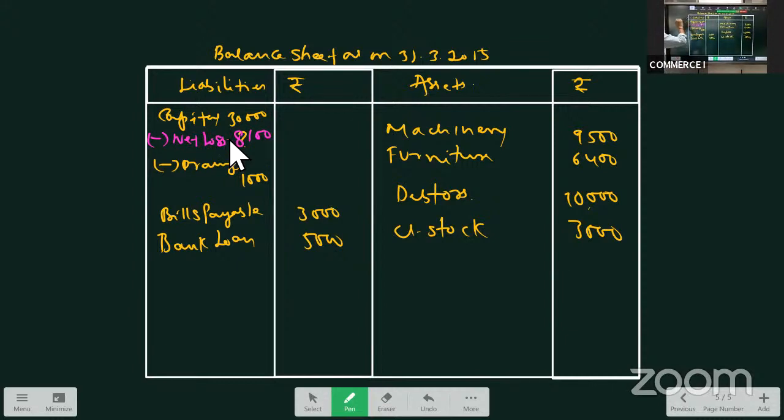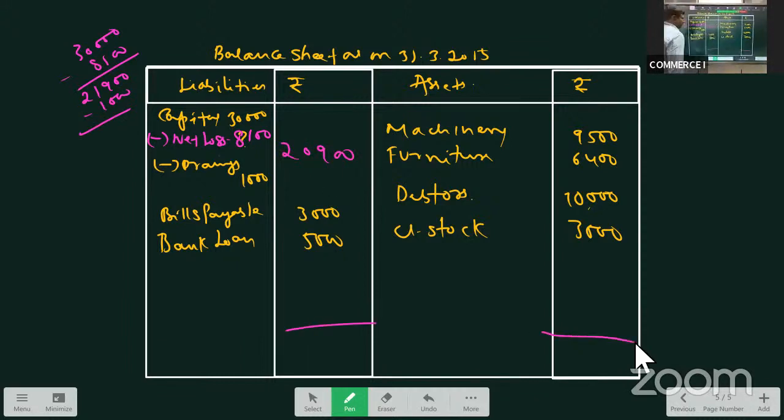So from 30,000, deduct the net loss. Okay. And deduct drawings. So we'll have 20,900. Now see what is the total. It is 28,900.